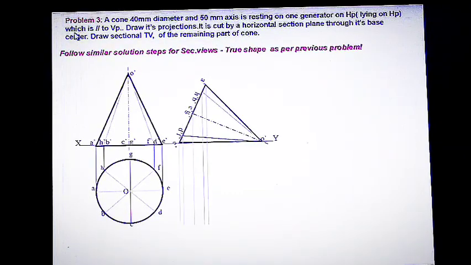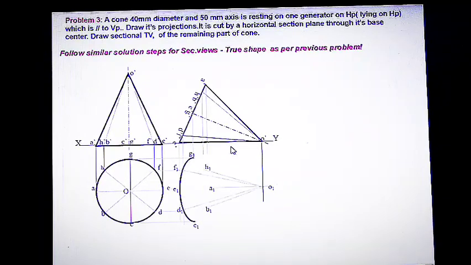Now we can see the plan of the solid. We can draw it by drawing the vertical projectors from the second elevation and first plan. We are drawing the horizontal projectors from the first plan and vertical projectors from the second elevation.